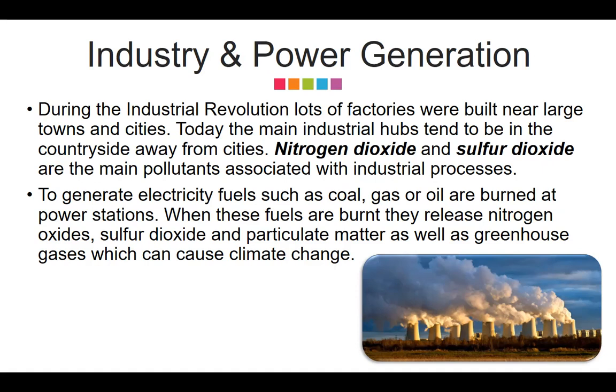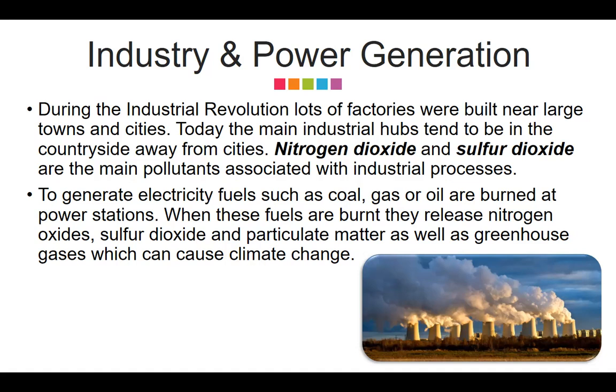Nitrogen dioxide and sulfur dioxide are the two main pollutants associated with industrial processes, but there are others. And that's not just for air, but also for water and land. To generate electricity, fuels such as coal, gas, or oil are burned at power stations.